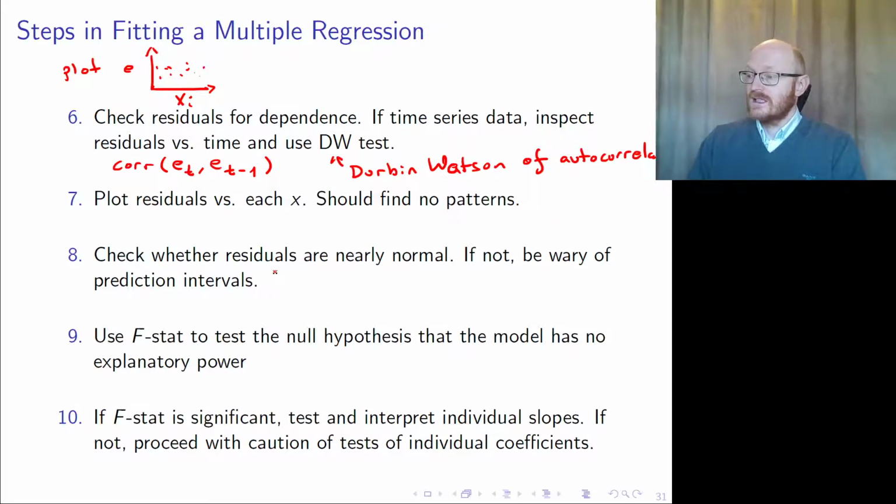So you plot residuals on each x, and you find no patterns, hopefully.